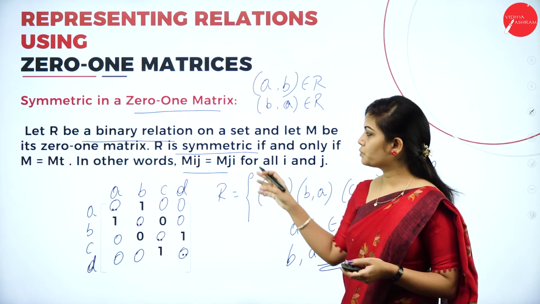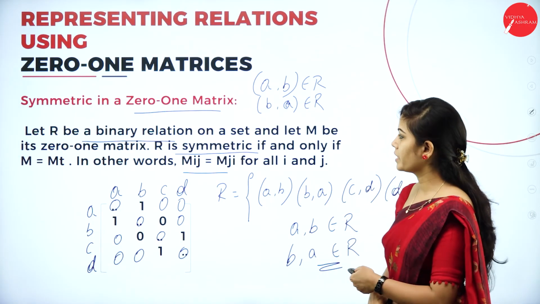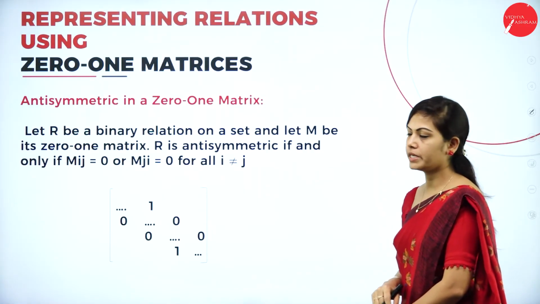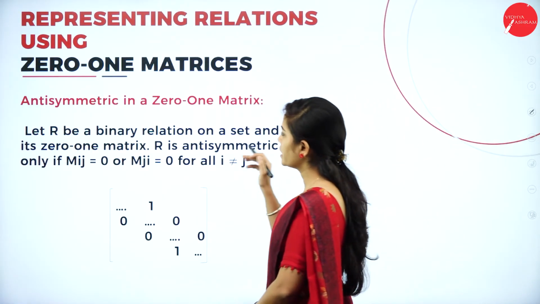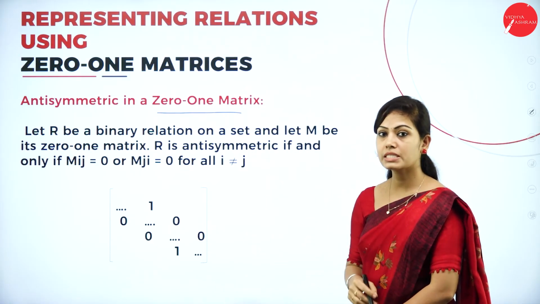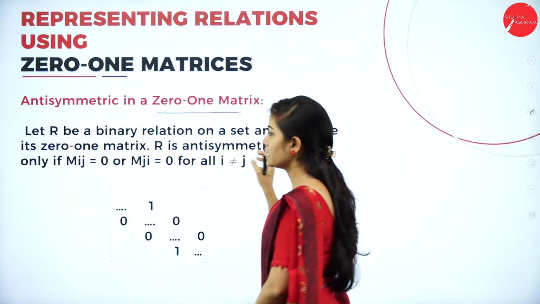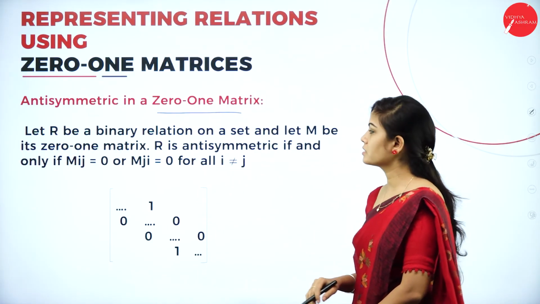So this is about symmetric in a 0-1 matrix. And the last topic is the anti-symmetric property. Anti-symmetric in a 0-1 matrix. So what is this anti-symmetric? Let R be a binary relation on a set and M is a 0-1 matrix.